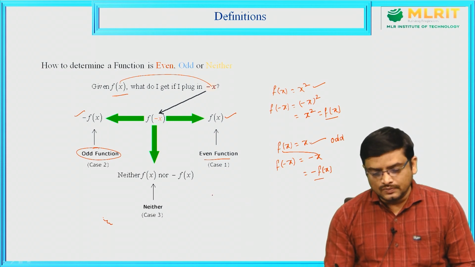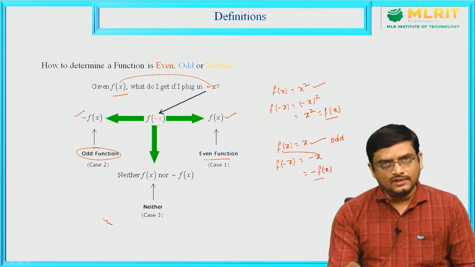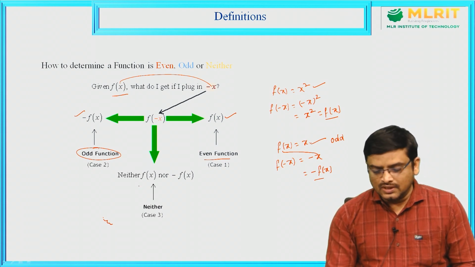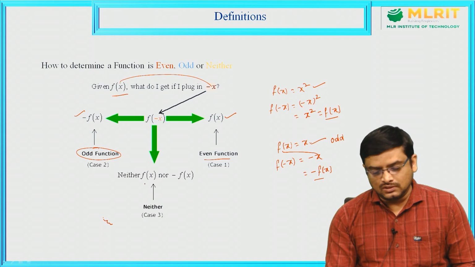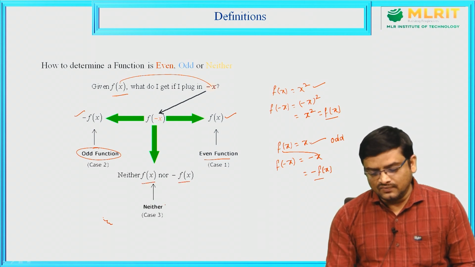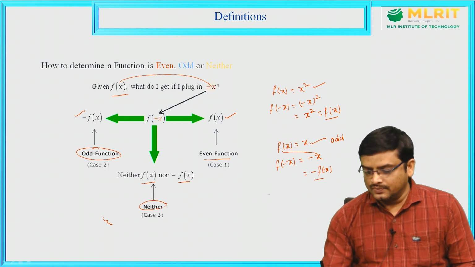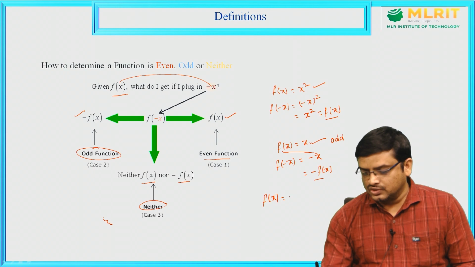Suppose if you replace x with minus x, sometimes you will get neither f of x nor minus f of x. Whenever we don't get either of these two options, the function is said to be neither even nor odd. For example, take f of x is equal to x squared minus x.